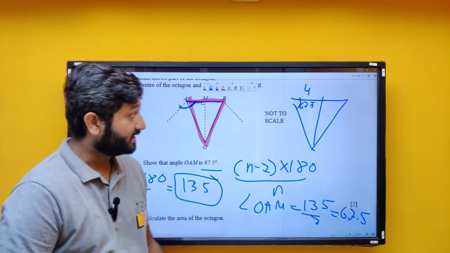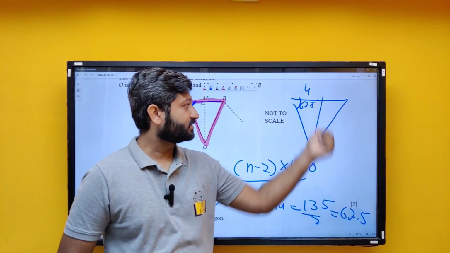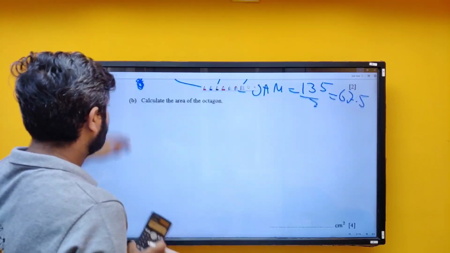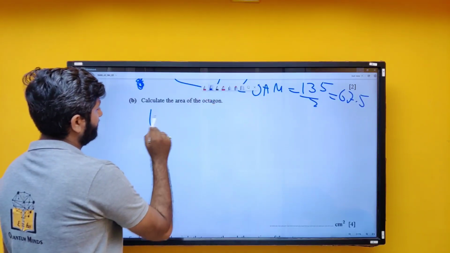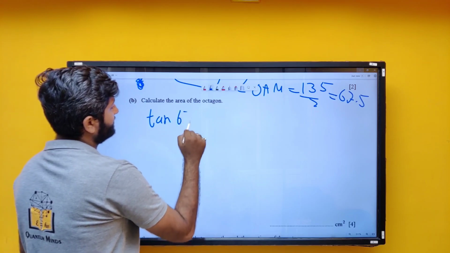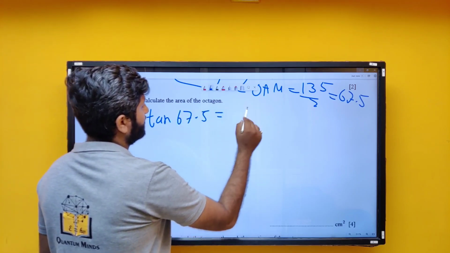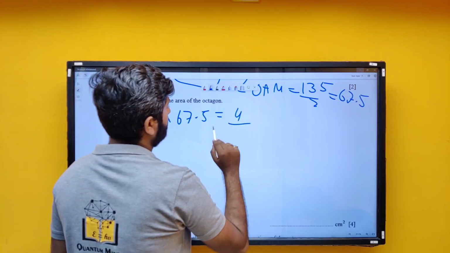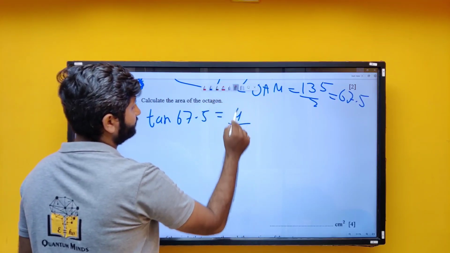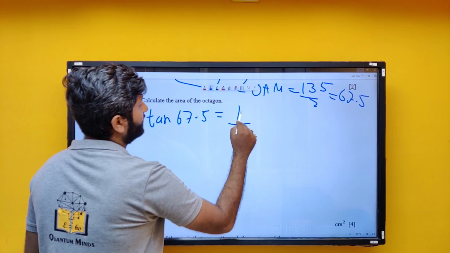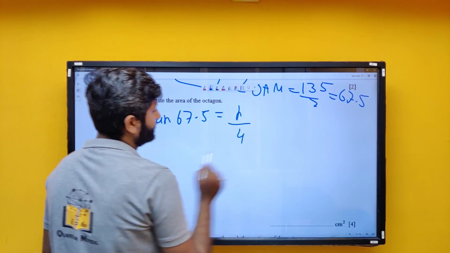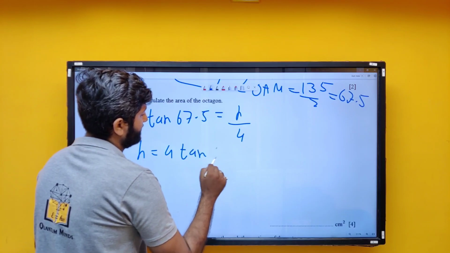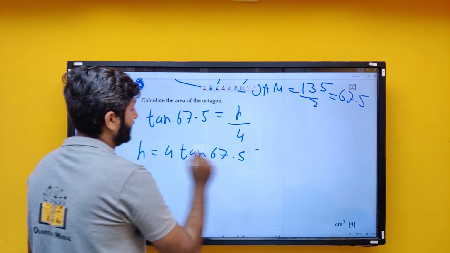This is adjacent, this is opposite, so I'll have to use tan theta. So tan 67.5 equals height upon adjacent, which is 4. So height is 4 tan 67.5.